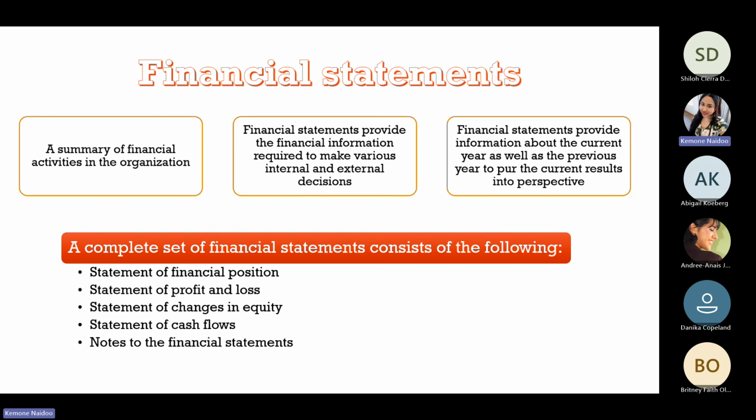Now, we're going to briefly go through financial statements, the different types of financial statements that we get. Please know these well, know how to explain each of the statements. Financial statements basically give us information on what is happening in our organization in terms of our finances.